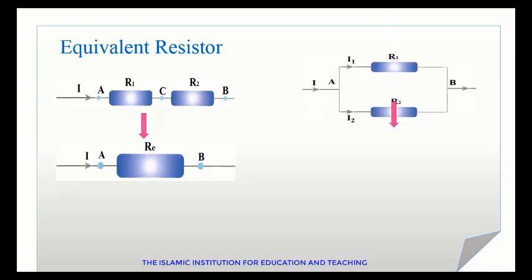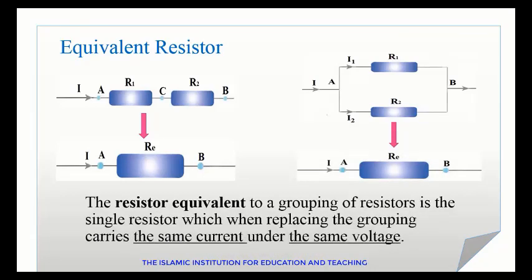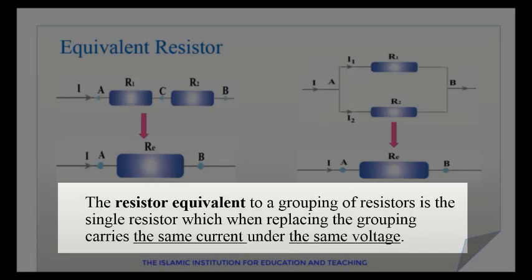The grouping carries current I. The voltage across the grouping is UAB. This grouping is equivalent to RE as well, carrying the same current I under the same voltage UAB. Then the resistor equivalent to a grouping of resistors is the single resistor, which when replacing the grouping carries the same current under the same voltage.